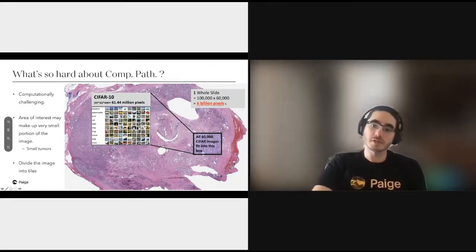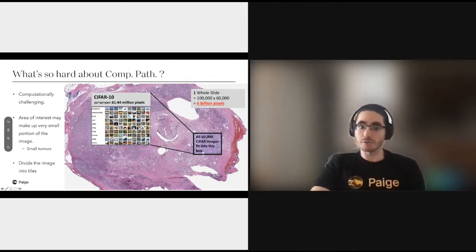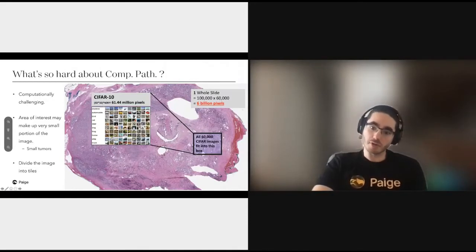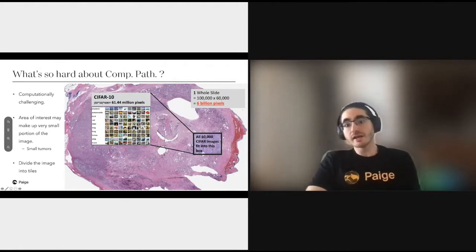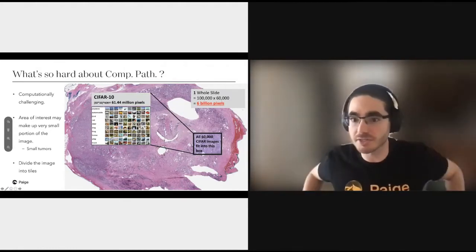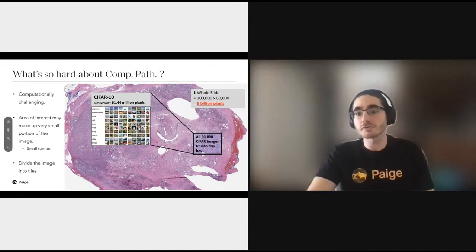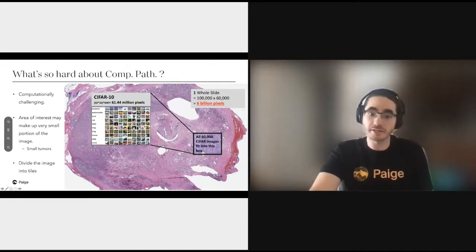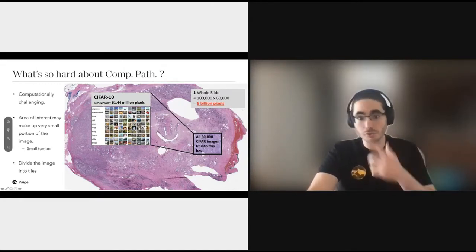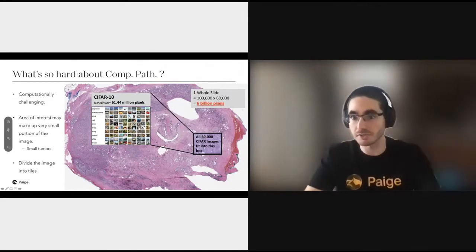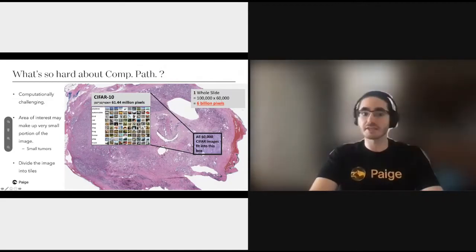Compared to the toy datasets used in computer vision tasks, the whole CIFAR-10 dataset fits into a small image on a single slide. And you can't really downscale the images and process them, because the things you are trying to find may still be in a really small part of the image. So you actually need to go through all of this image at this scale.